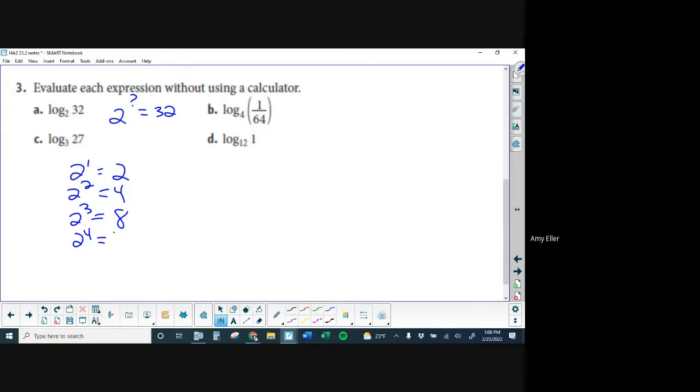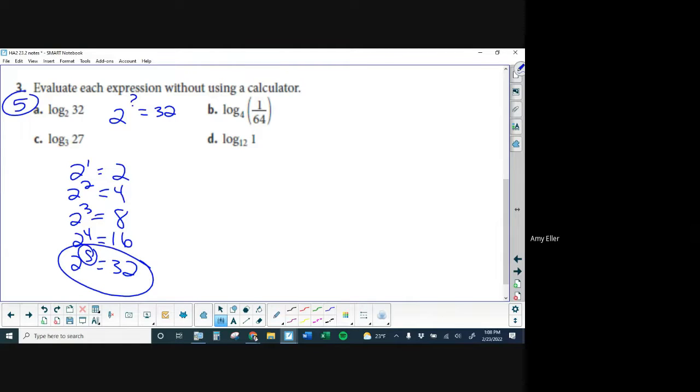Multiply by 2 again. Multiply by 2 again. There we go. 2 to the 5th power is 32. You can have whatever work you want, but make sure I know that your answer is 5. Please don't write this whole thing as your answer. Evaluate means, what is it? It is 5.